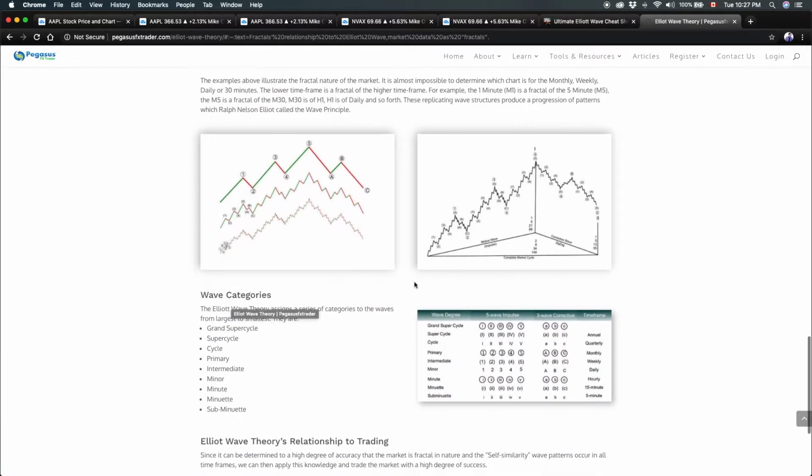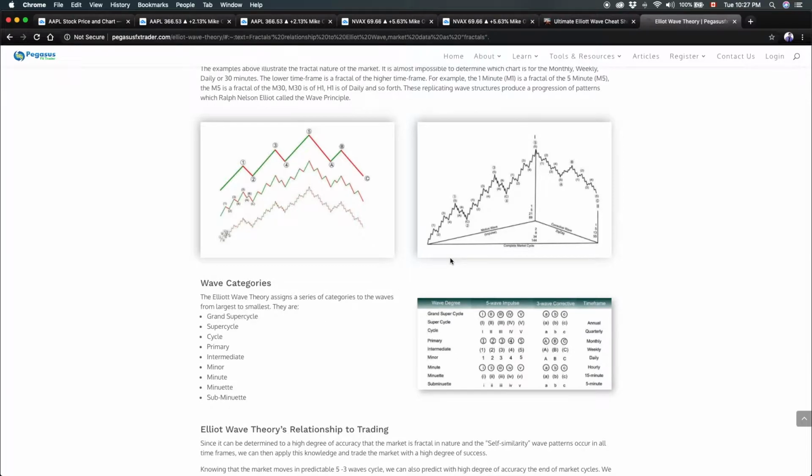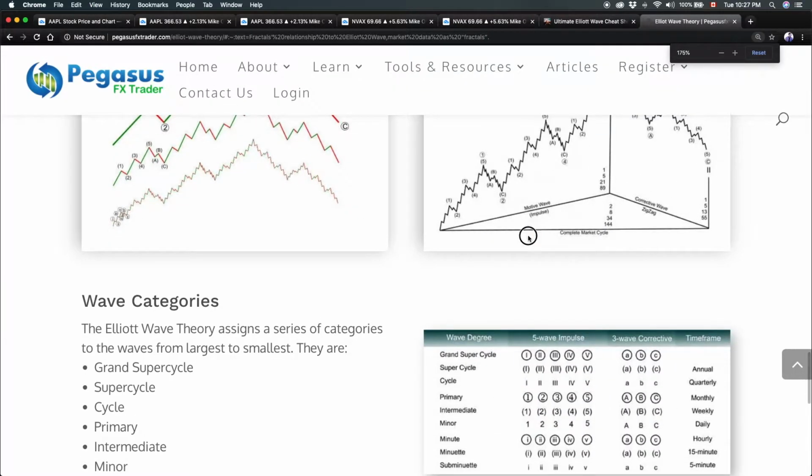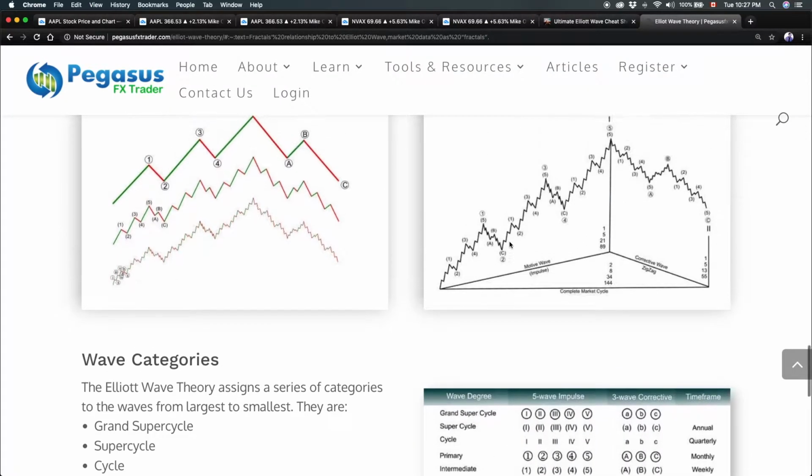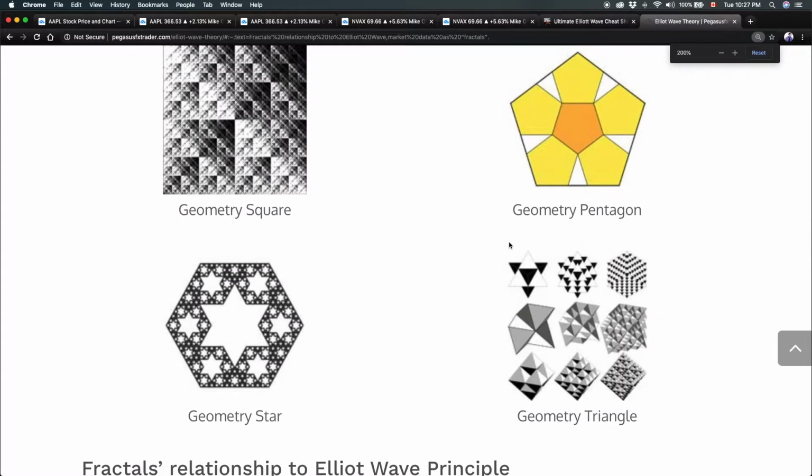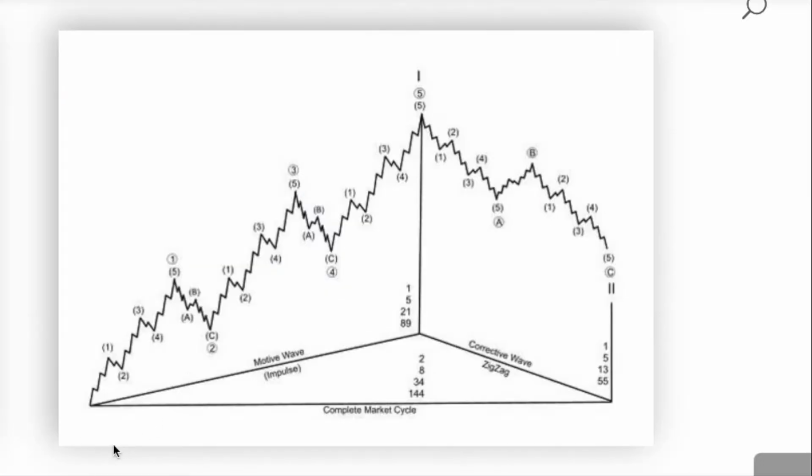When you look at this, I don't know if I can make this bigger. Let's see. I can. Incredible. Whoops, let's make that smaller. Here we go. So you can see here you have 1, 2, 3, 4, 5, A, B, C. 1, 2, 3, 4, 5, A, B, C. 1, 2, 3, 4, 5, and then you would have the A, the B, and the C. But it also plays out longer.